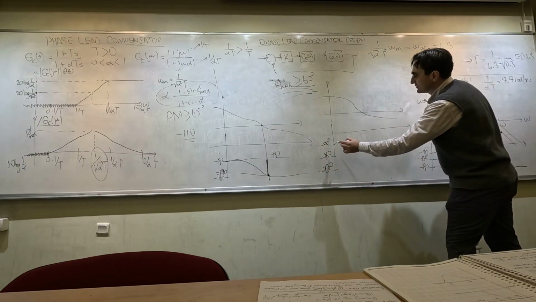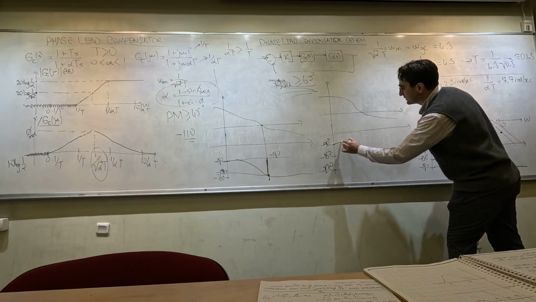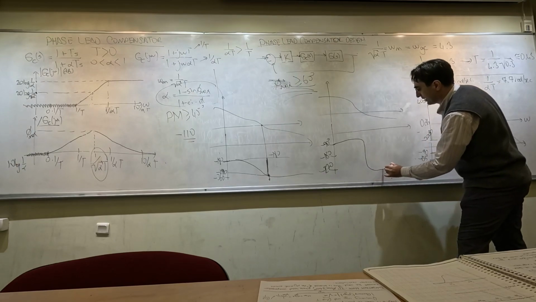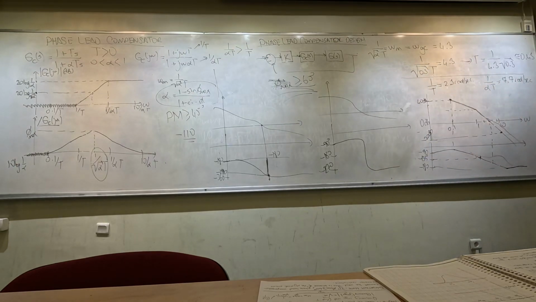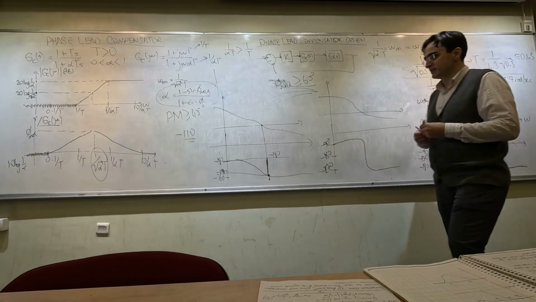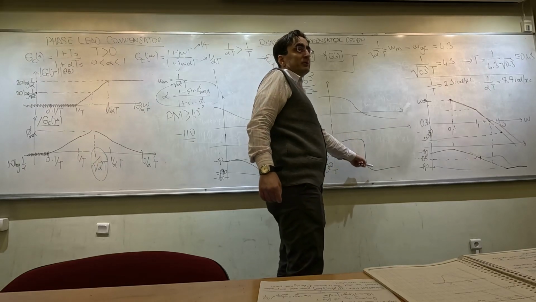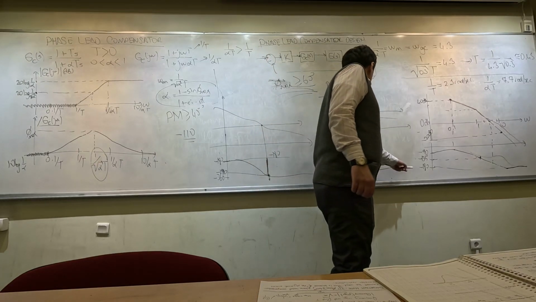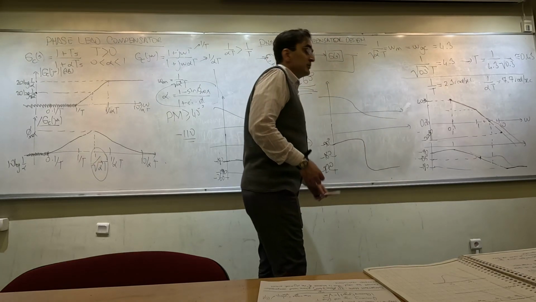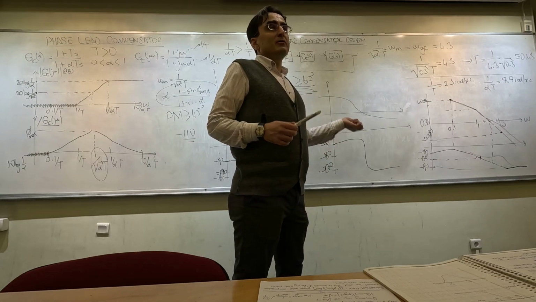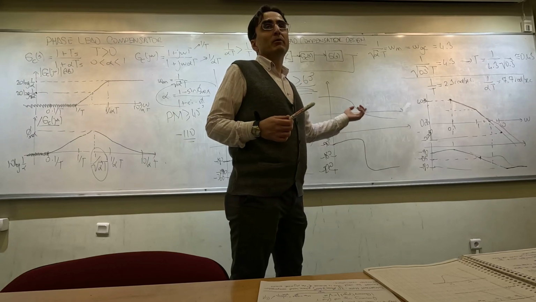So suppose that the phase is given like this. I will draw a very sharp phase here. It starts from minus 90 degrees, and then it changes quite sharply here, and then it settles at minus 270 degrees.